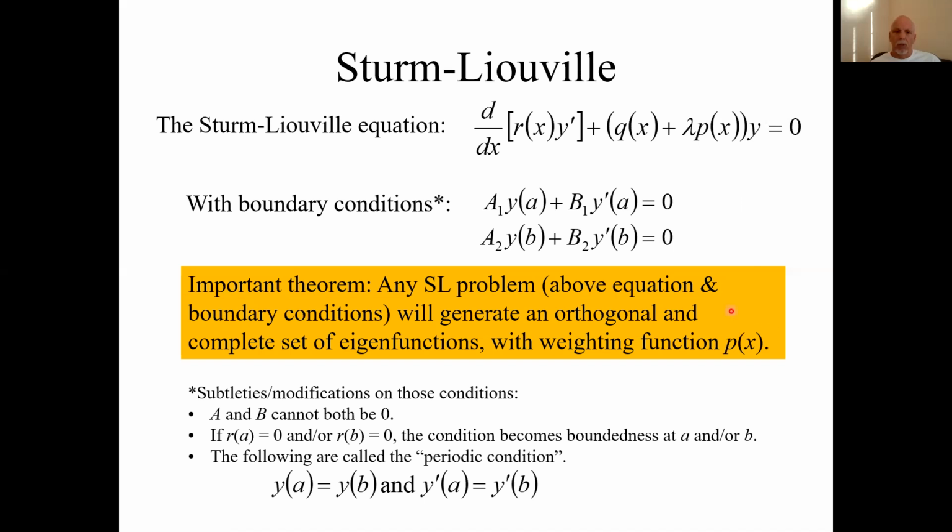And remember, when we covered orthogonal and complete sets of functions, we could expand any function using that orthogonal set. We did that to derive the Fourier series. That was one orthogonal set. It turns out any solution of this equation with these boundary conditions is also going to be an orthogonal set.